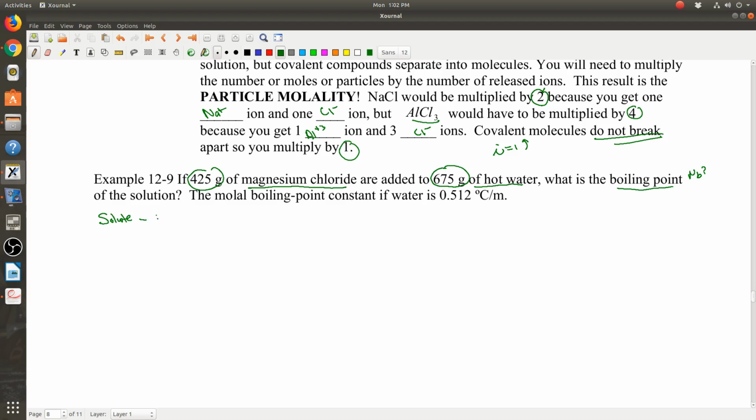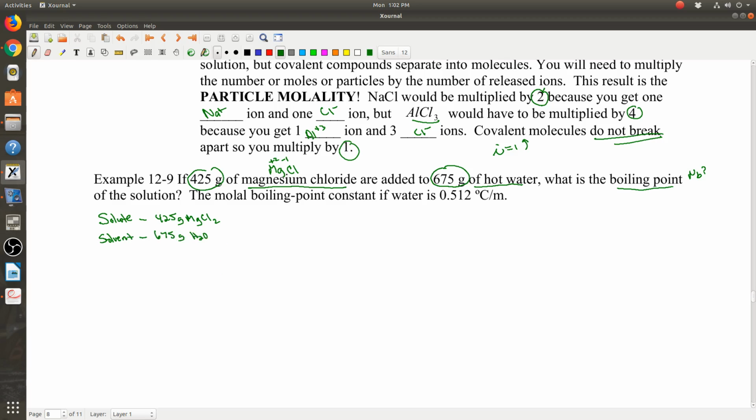So the solute here is the 425 grams of magnesium chloride. Magnesium is a +2, chlorine's a -1, so swap and drop: MgCl2. The solvent is water. We have 675 grams of water.